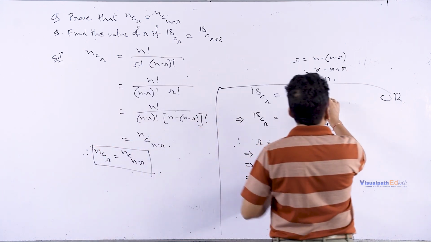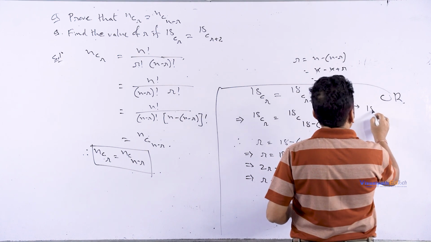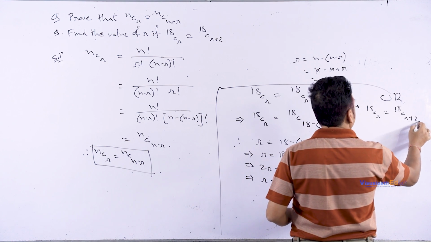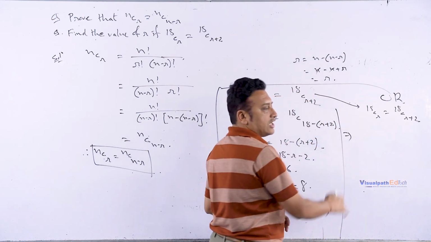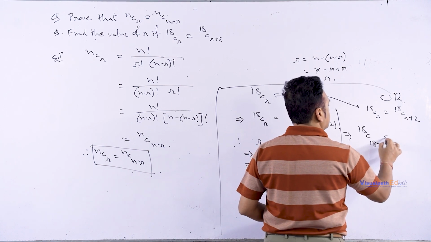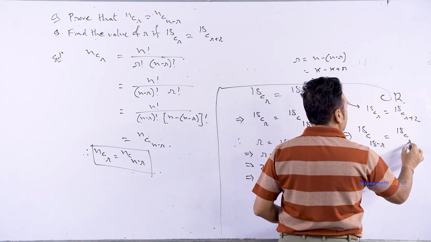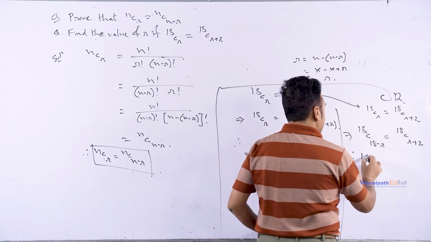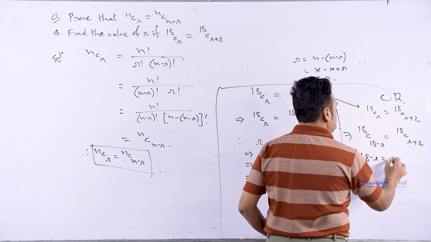So, suppose from here I write 18Cr is given equal to 18C(r plus 2). Now, I apply the formula on the left hand side. So, I will write 18C(18 minus r) is equal to 18C(r plus 2). So, therefore, here 18 minus r will be equal to r plus 2.